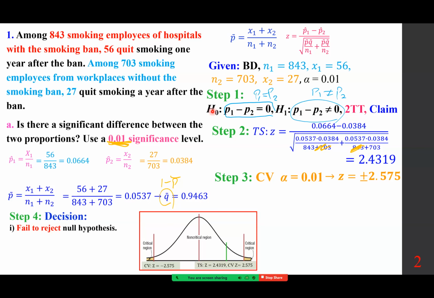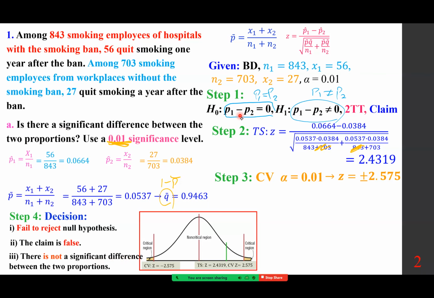We are not rejecting H0. So in essence, what are we rejecting? H1. The claim becomes false. Now we just rewrite and say there is not a significant difference between the two proportions. Because the question was, is there a significant difference between the two proportions? We ended up with H0 being the true statement in essence.